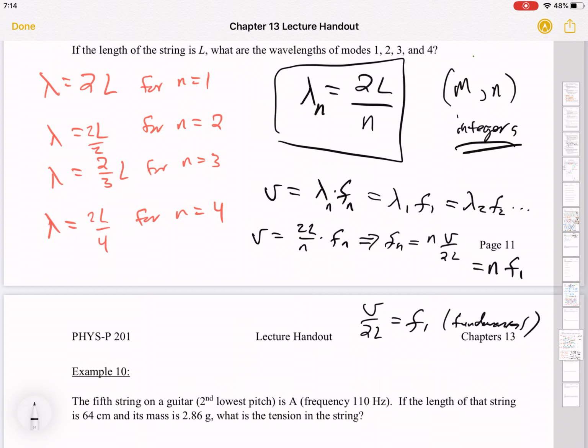So let me summarize that. This equation is useful. Let me even summarize it on a different page.